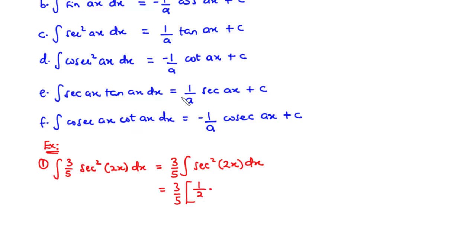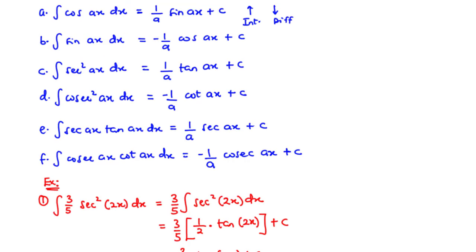So you have 1 over 2 times tan 2x plus c. So let's simplify this. Now we have 3 times 1, which is 3, and 5 times 2, which is 10. So we have 3 over 10 times tan 2x plus c.